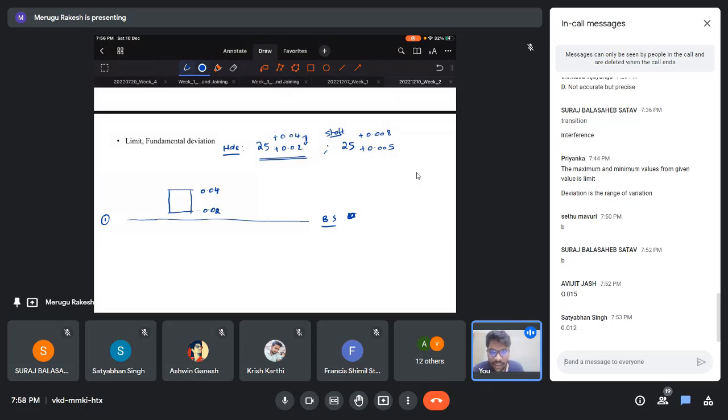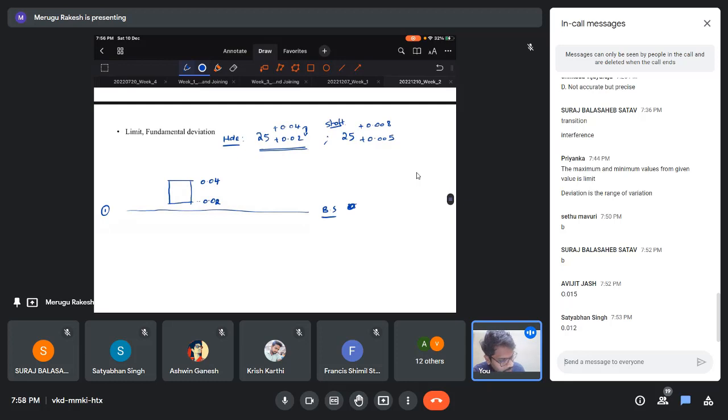Then you place the shaft as well. I'm placing a distance so that it will be easy for me to calculate. This is also on the plus side, but just a second. Okay, this is the hole.